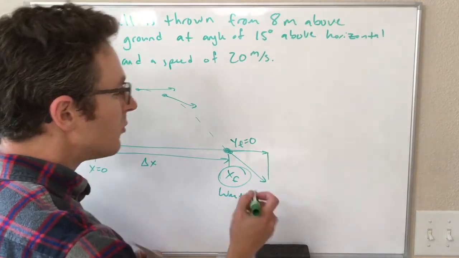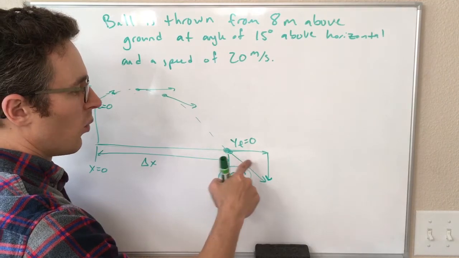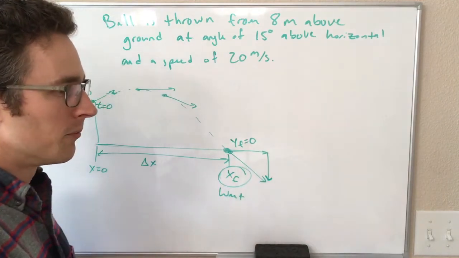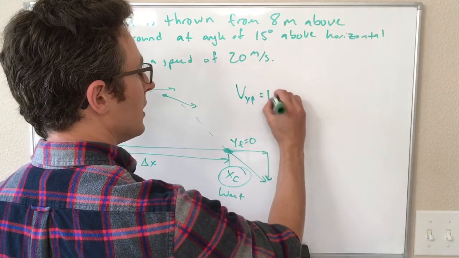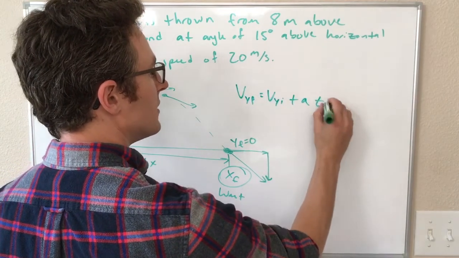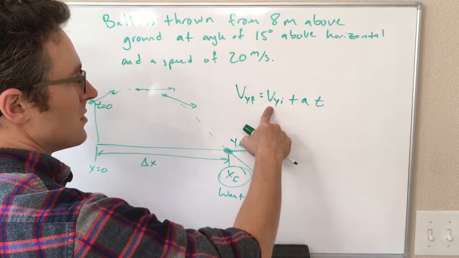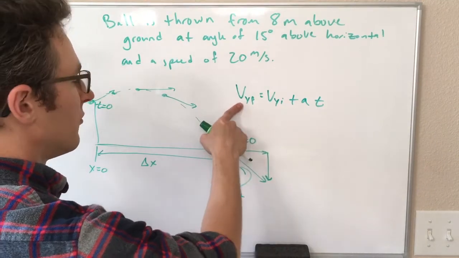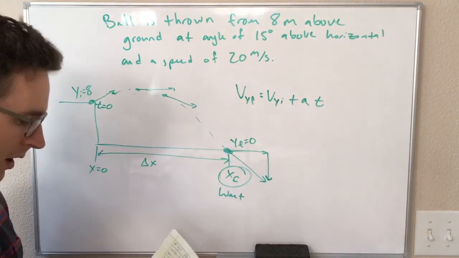So we could be asked to find the y velocity at this point, where we would take our y velocity equation. So that's like vy final equals vy initial plus a t, and we know everything on this side, so we could plug t and a and vy initial in and find vy final. So we would get some negative big-ish number over there.